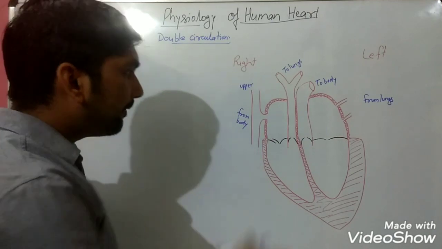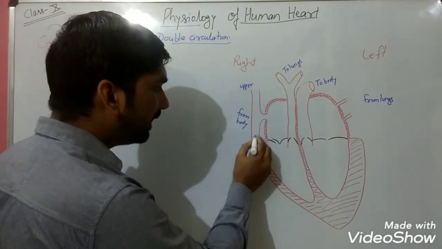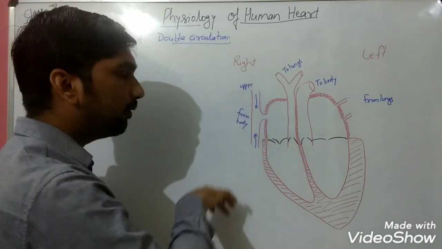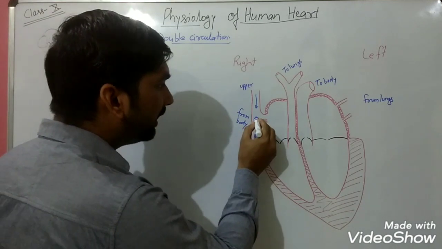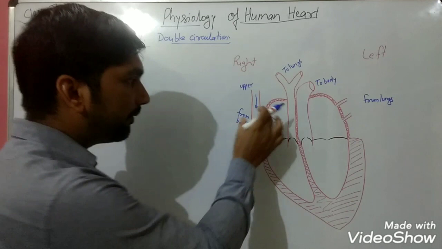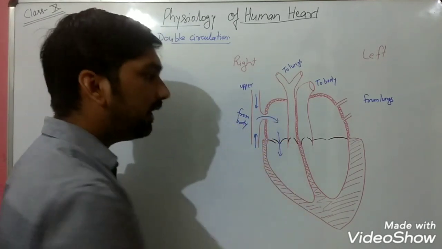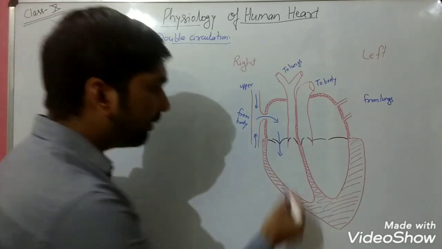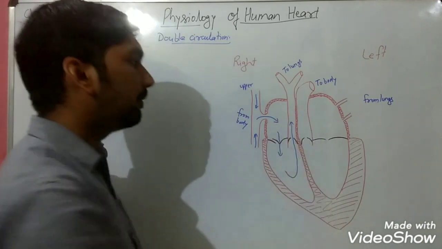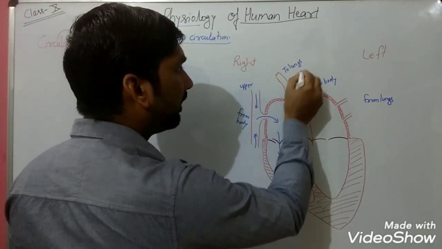Suppose the deoxygenated blood is coming from the body parts, from the upper part and from the lower part. This deoxygenated blood enters the atrium, and from the atrium the blood fills the ventricle, and when the ventricle contracts, this blood reaches the lungs by the pulmonary artery.